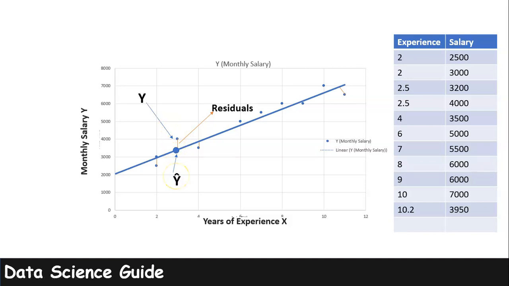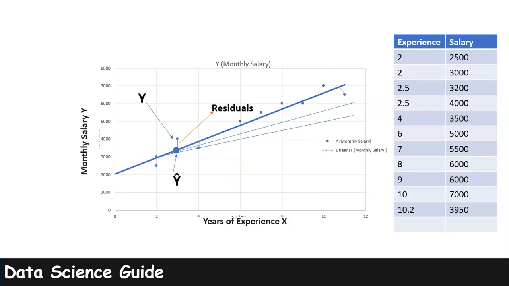So the question we need to ask here is, how are we going to figure out how to draw the slope line? Why is the slope line something like that or like that? There should be a way to tell us what is the right slope line that fits most of the data.